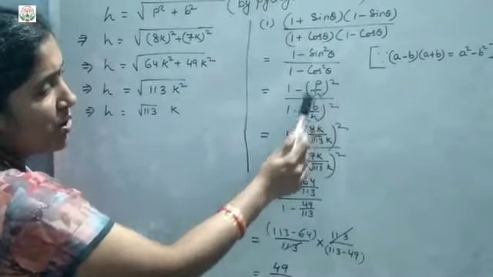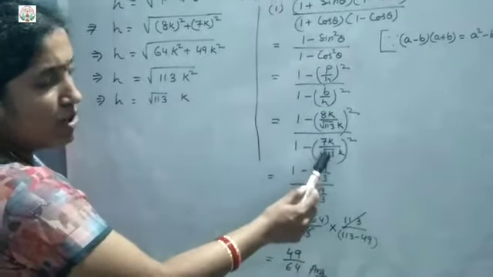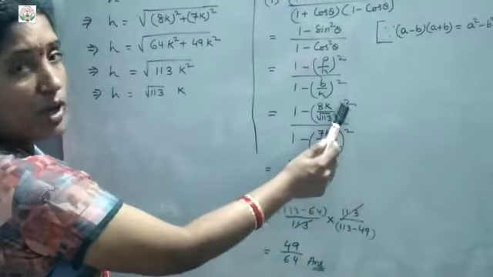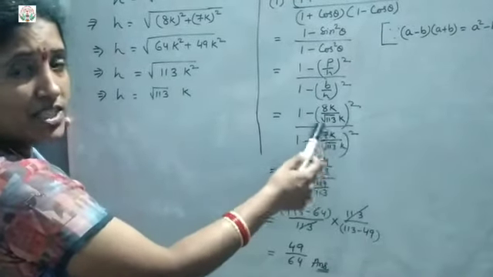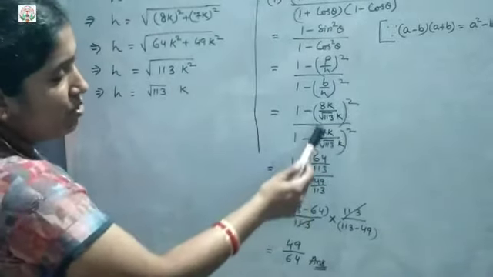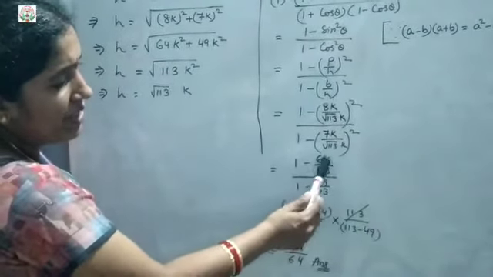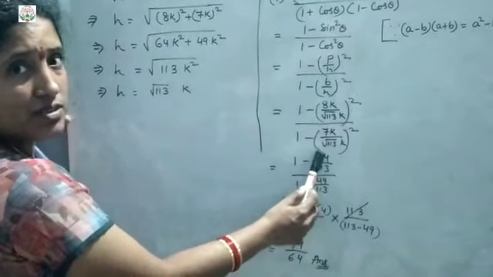Now we will put the values of P and H and find the square. You know that the square of square root of 113 will be 113, the square root will be removed. So this will be written as 1 minus 64 upon 113, since 8 square is 64.